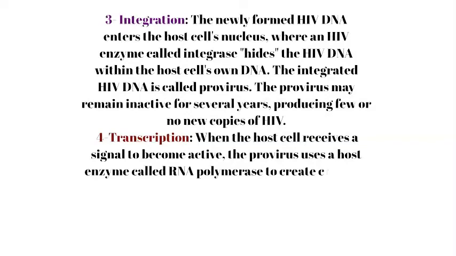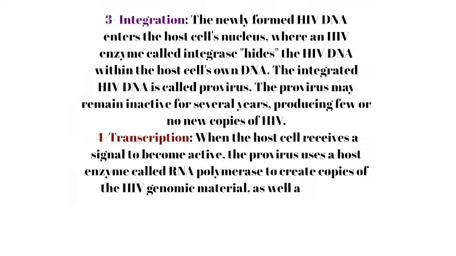So in transcription, the host cell receives a signal to become active, so that the proteins that are needed for a new virus to be formed are produced. Here the provirus uses a host enzyme called RNA polymerase.